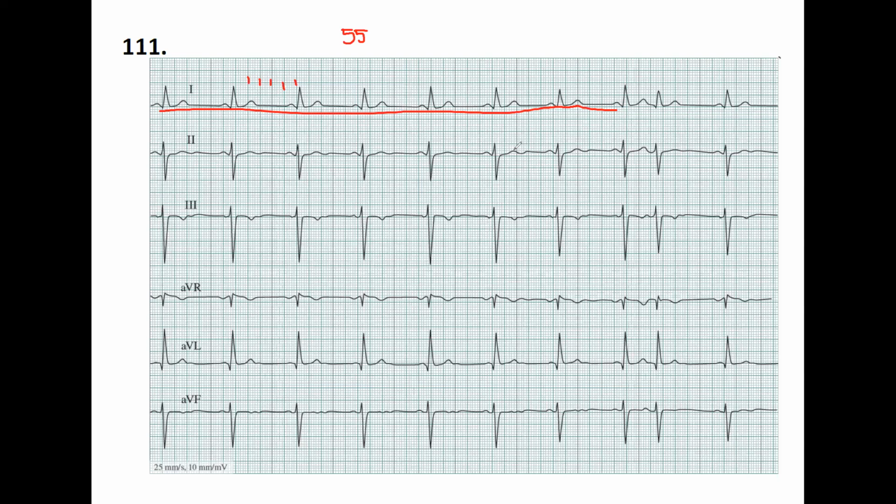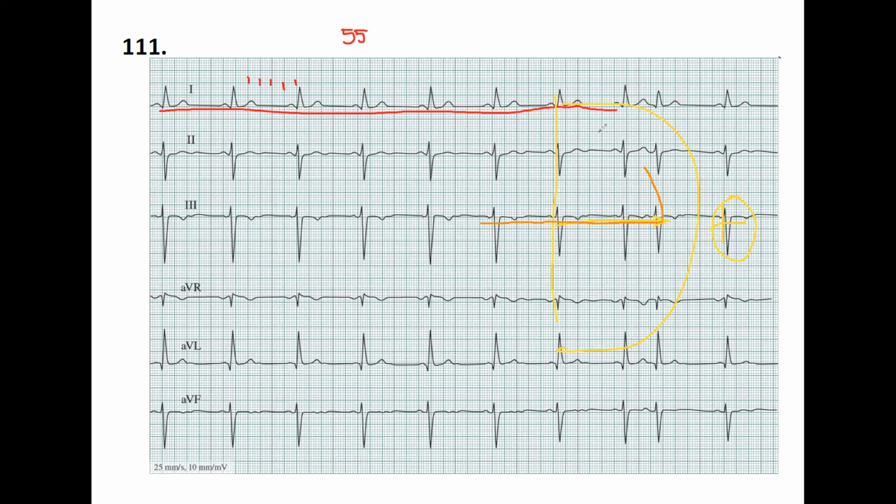Okay, and axis. Who will do it? Lead 1 is positive. Okay, so lead 1 is positive. We are here. Okay, AVF is negative. So it's between 0 and negative 90 degrees.